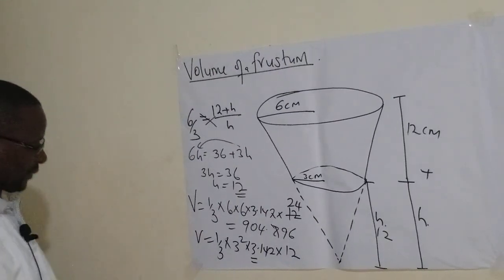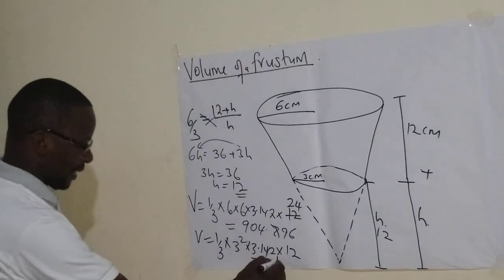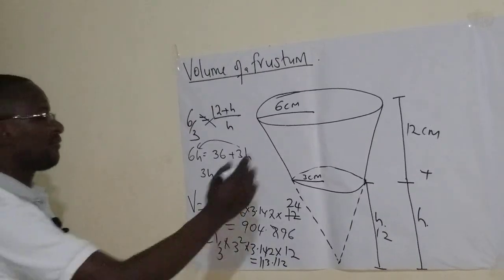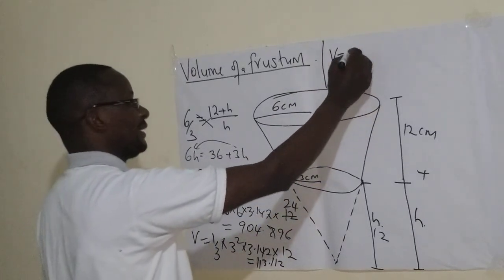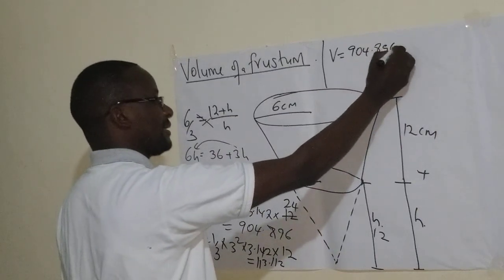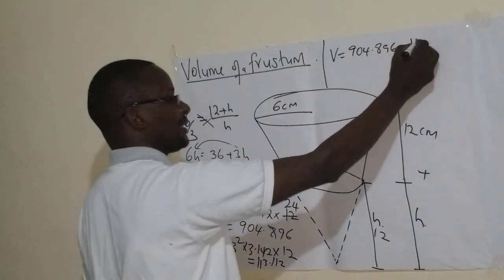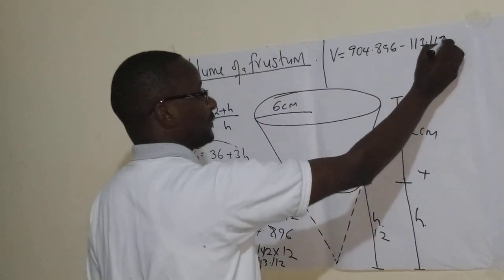So work that out, but I think the answer is still 904.896. When you work this other one, you'll get 113.112. Now to get the volume of the frustum, we get the difference. 904.896 minus 113.112.